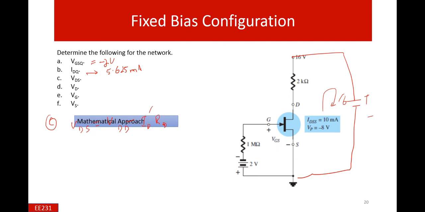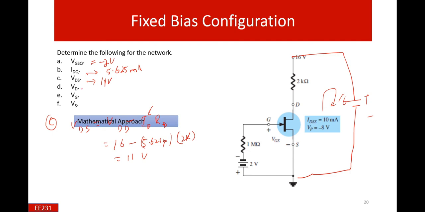At the Q point, it is 16 minus 5.625 milli times 2 kilo, which cancel out, and we find that it is equal to about 11 volt. So VDS is 11 volt.